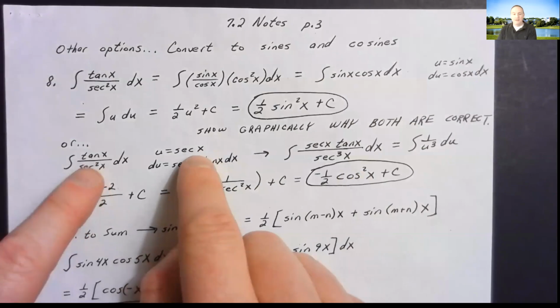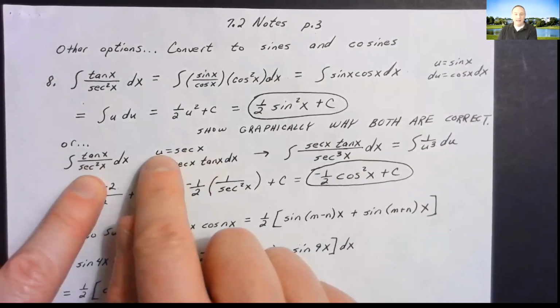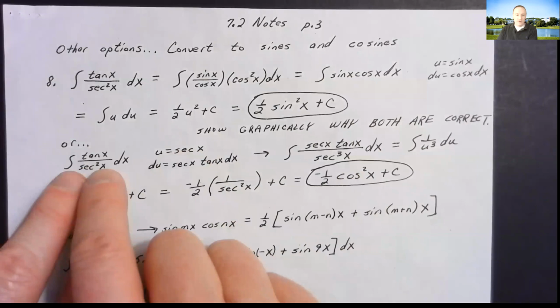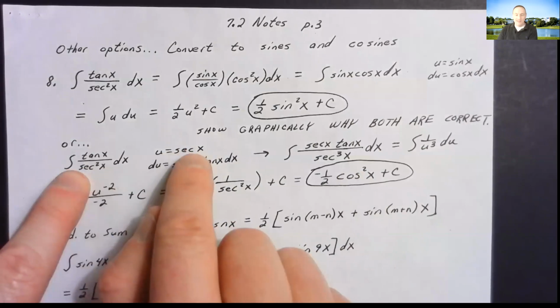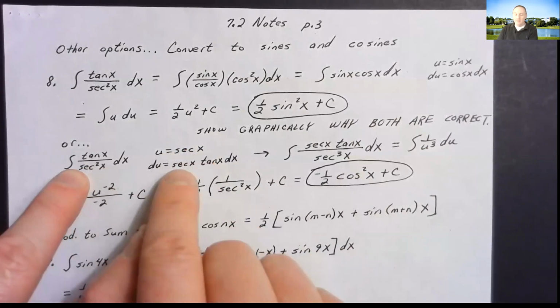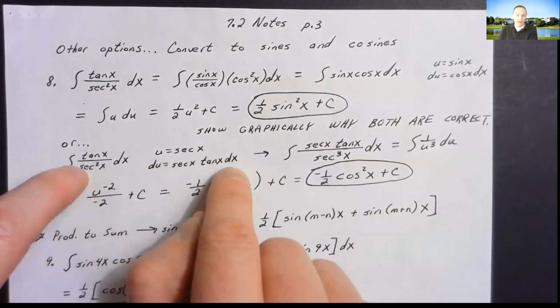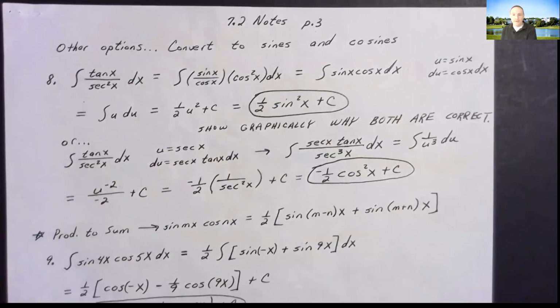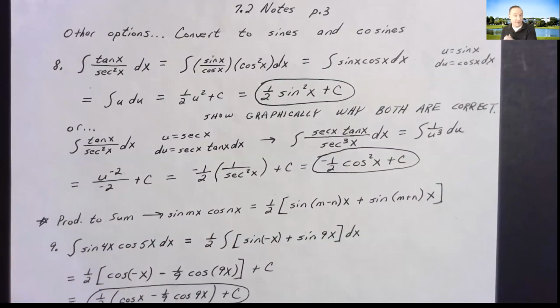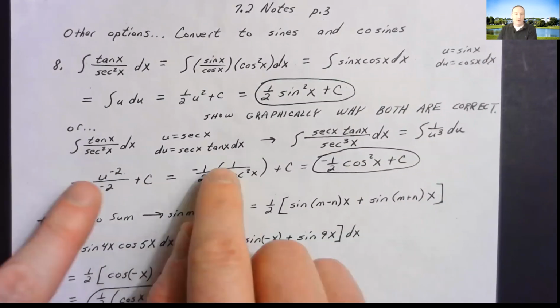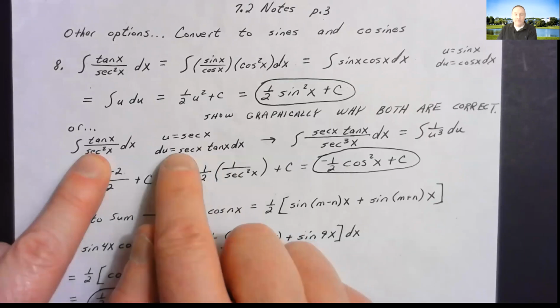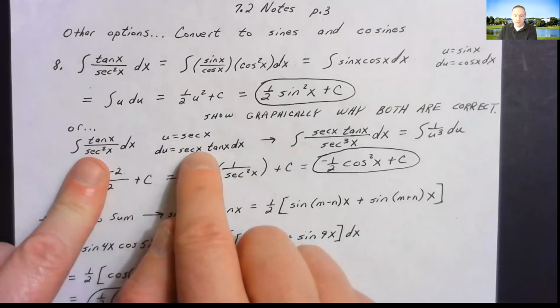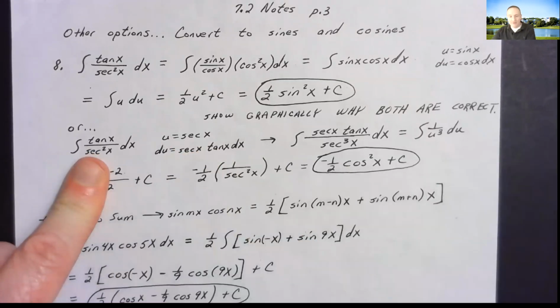So let's say I didn't convert, and instead I let u equal what's inside of a group to a power. Well, u is the secant of x. This is an important technique to show you here, guys. We haven't done any problems where it required some creative thought. Here's what I mean. Whenever you do your du, you say, I do not have a factor of secant x tangent x dx in there.